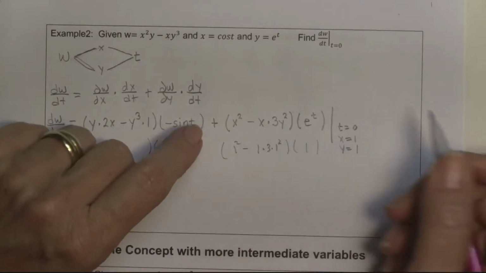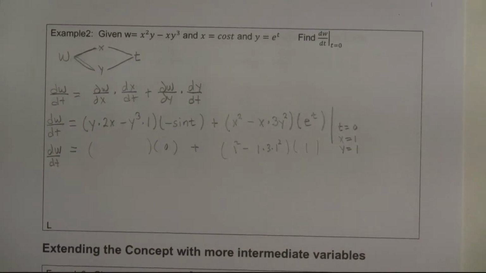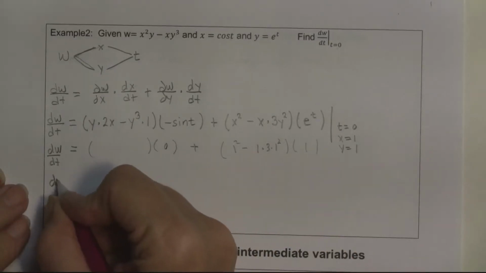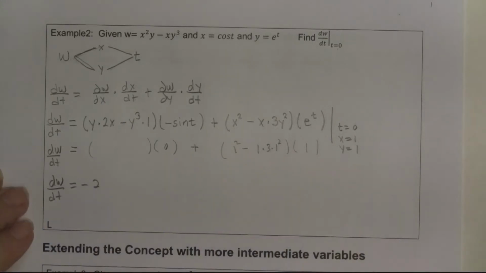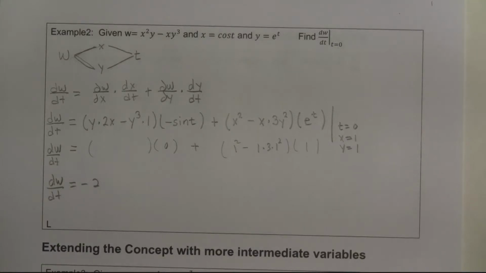That's a square root 2 there, but I can be kind of lazy on that. So that's 1 take away 3, which is negative 2. So dw/dt equals negative 2. It worked out pretty lovely on the numbers. Those were really good numbers there.